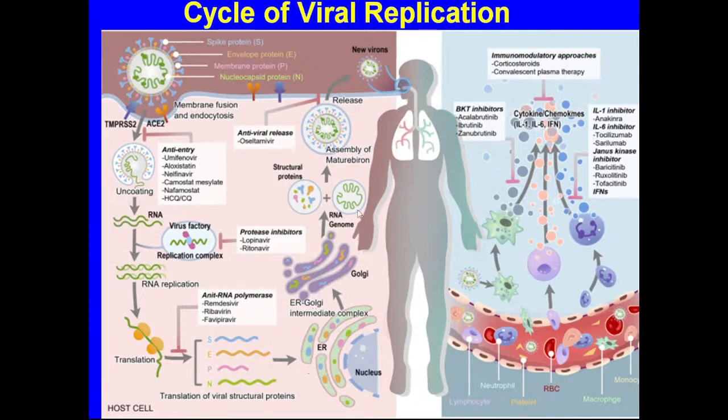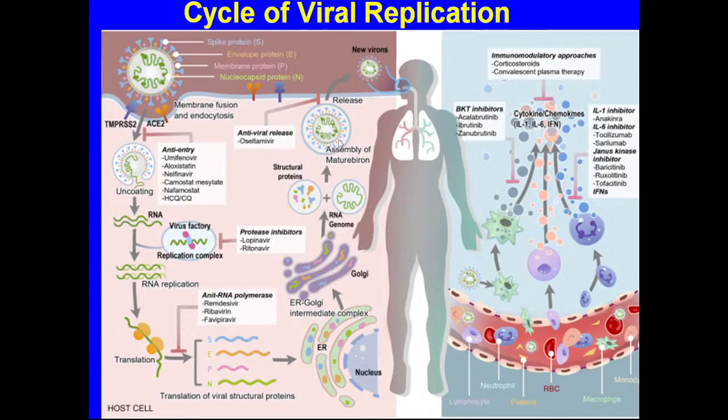Quite often the assembly and maturation cannot be blocked, but the viral release can be blocked. This type of drug had been produced for influenza virus, drugs that stop the viral release.